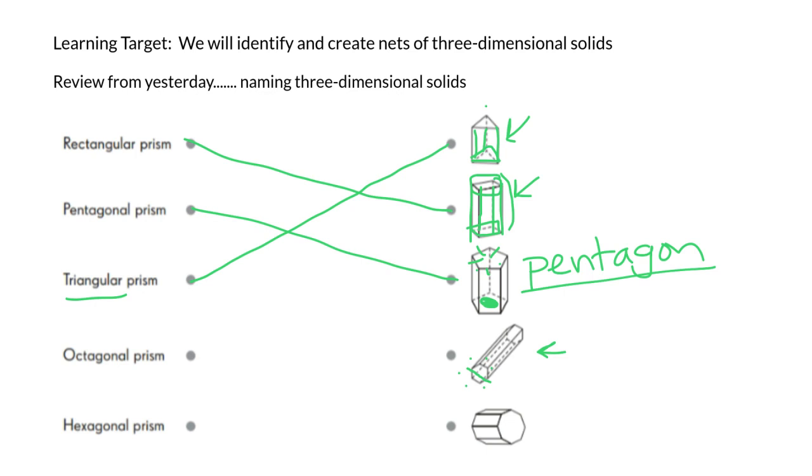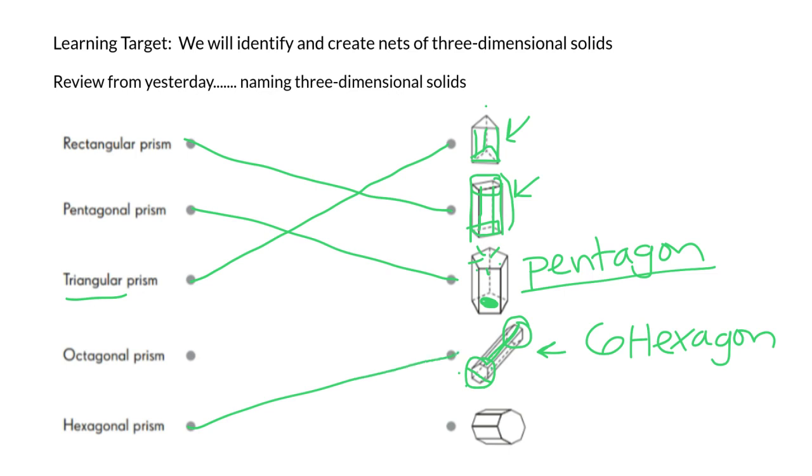I know 3 and 3 make a 6-sided figure as our base, and here's that same shape as right here. So that means that this is a hexagon, and the sides are rectangular, making this a hexagonal prism.